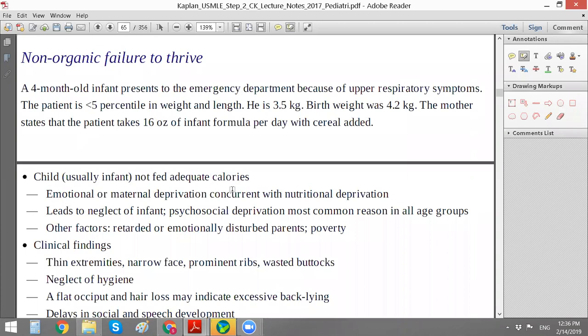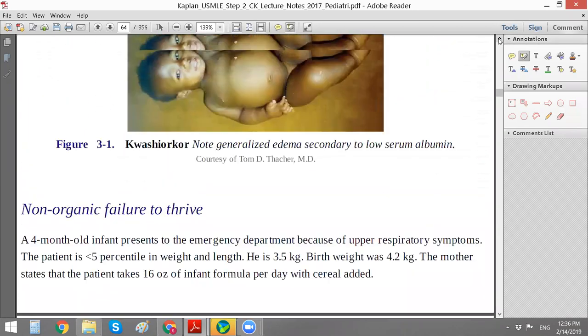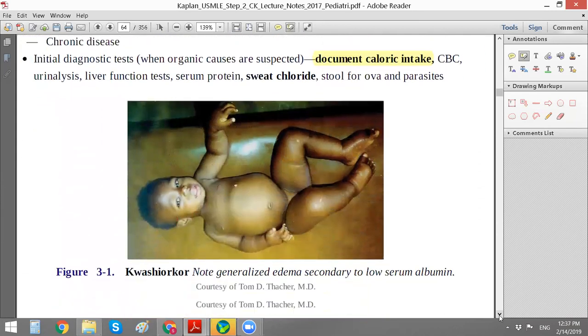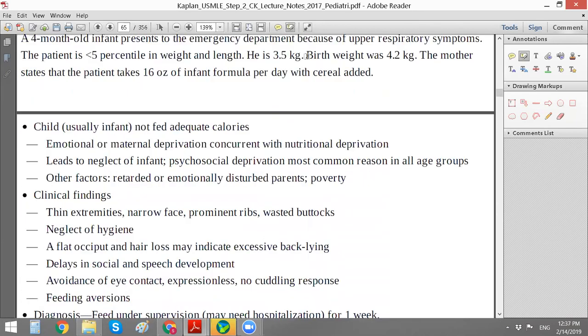Emotional or maternal deprivation concurrent with nutritional deprivation leads to neglect. I don't understand why they didn't say that the previous one was neglect, because that person also has little fat and long, dirty fingernails. That was impetigo because they were not caring for this. I don't know why they are saying that was organic failure to thrive and this is non-organic.